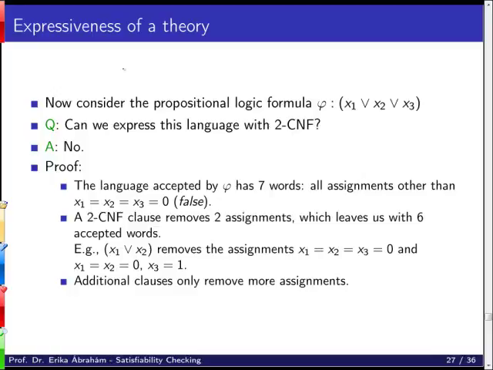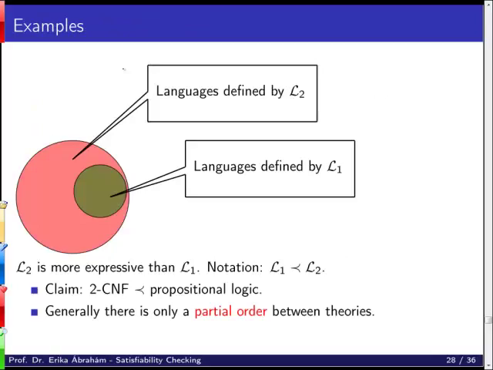So this is a very simple proof that 2CNF is not as expressive as propositional logic. So we can compare these languages like inclusion. If they are comparable, then one of them includes the other, or they include each other, then they are equally powerful. So 2CNF is, for example, less expressive than propositional logic, so that we use this symbol.